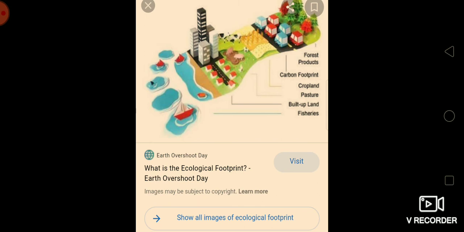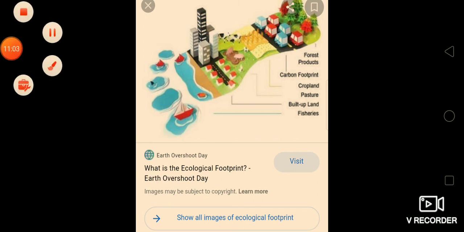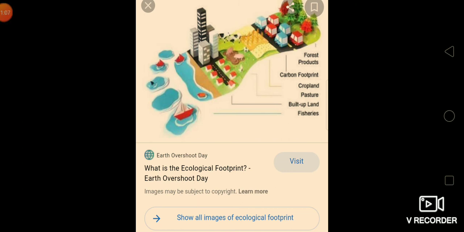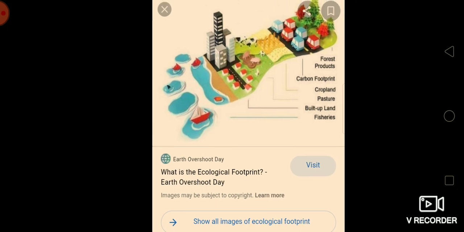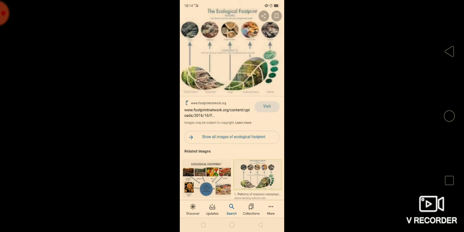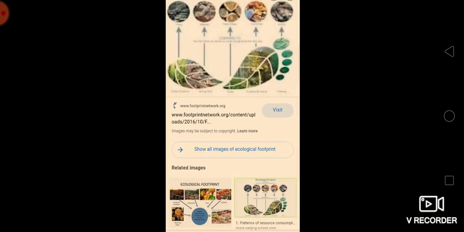Understood? So let us quickly recall the important things we have discussed in this class. First, we discussed the ecological footprint definition, then the expansion form of WWF, and you can see the picture here.